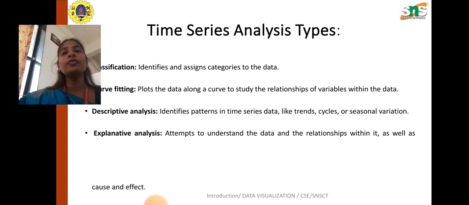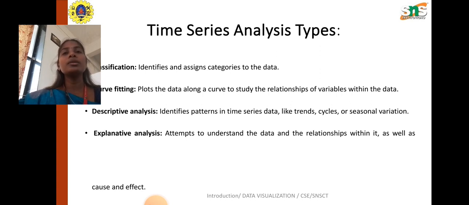The second one is curve fitting. Here I take two kinds of values, and only then can I analyze the time series of the data. Whenever we take two values, we can plot a diagram. If I take x and y values, I need to connect these two values, so the plot will consist of curves or lines.